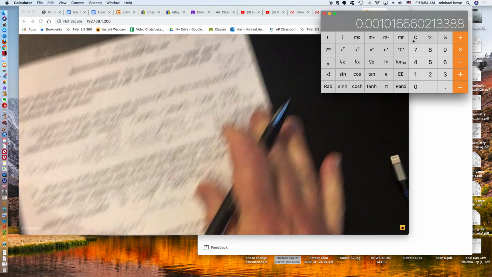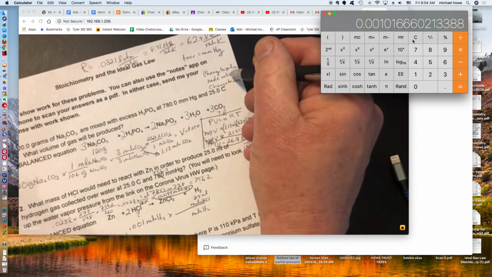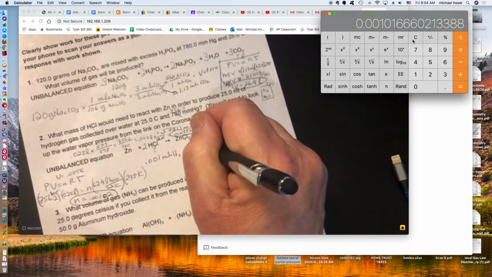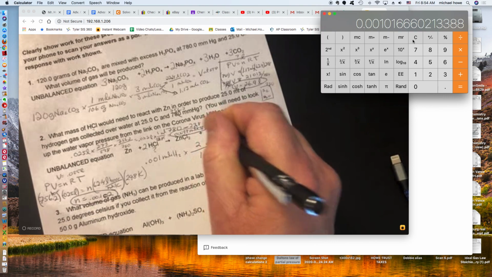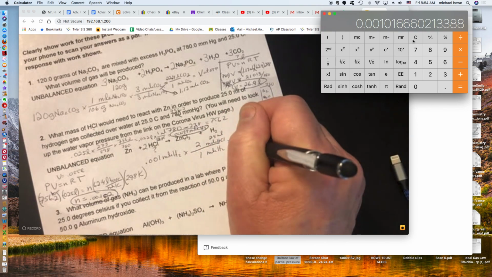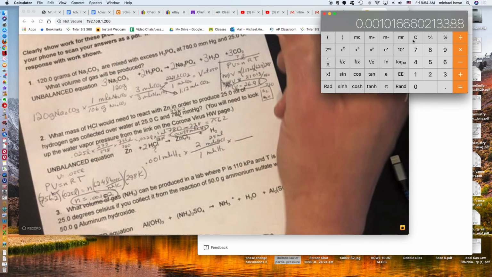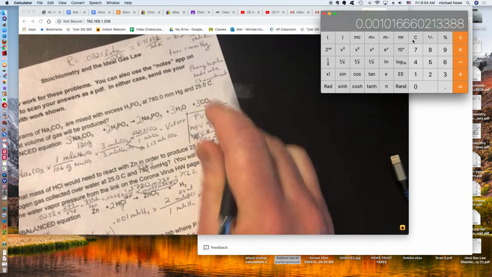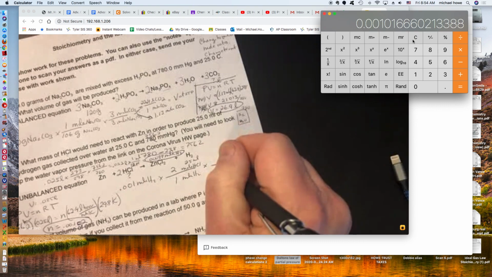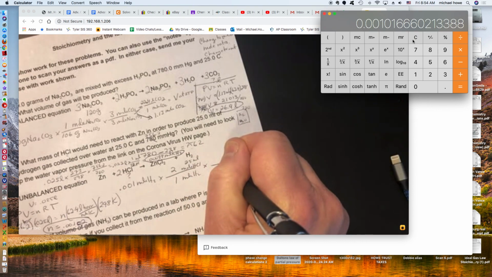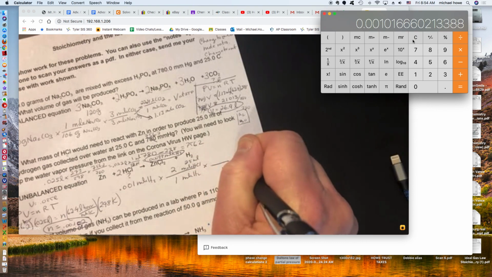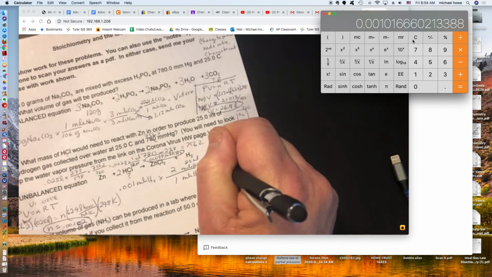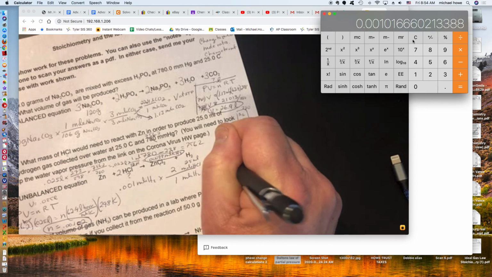What was step 1? Change to moles. Step 2, mole ratio. So we'd have 2 in front of the HCl, 1 in front of the hydrogen. And then our last step will be to change to our desired unit. Change to unit. So our desired unit here was mass. I'm going to put moles of HCl on the bottom, grams of HCl on the top. 1 mole is 36.5 grams.